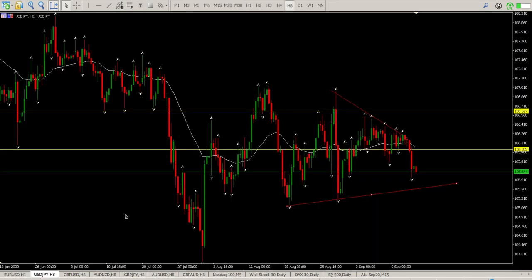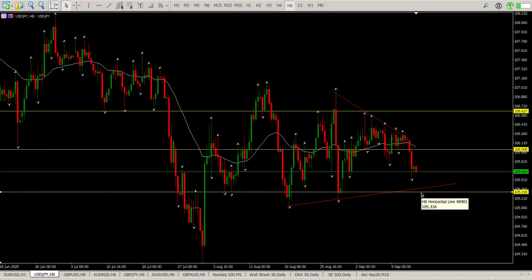US dollar, Japanese yen. So a couple of things here. I've just adjusted the triangle. There was this trend line that we were holding, okay, which formed another triangle. We've broken through that. Okay, and we have this level of resistance, or support, sorry, to come up, and if I just get it flat, it's going to be around 105.316.